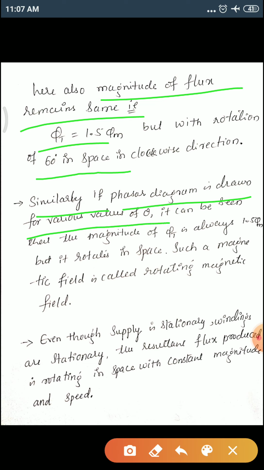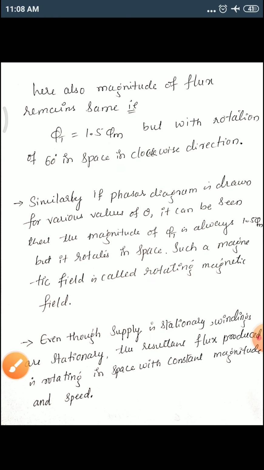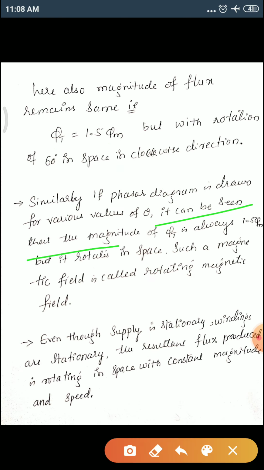If you change theta to 90 degrees, 100, 120 degrees, and so on, it can be seen that the magnitude of phi t is always 1.55 m, but it rotates in space.